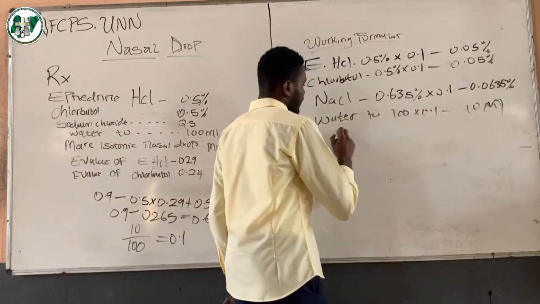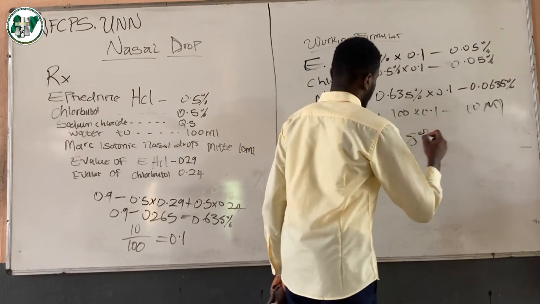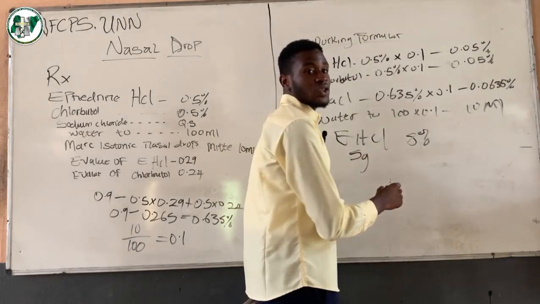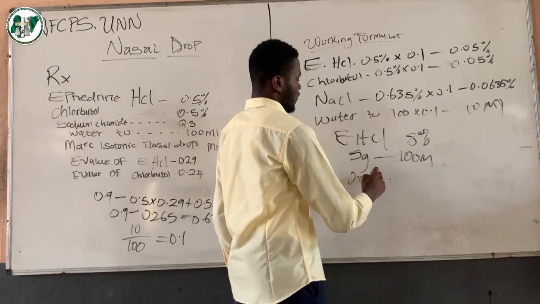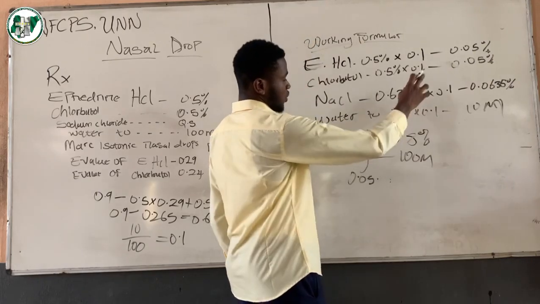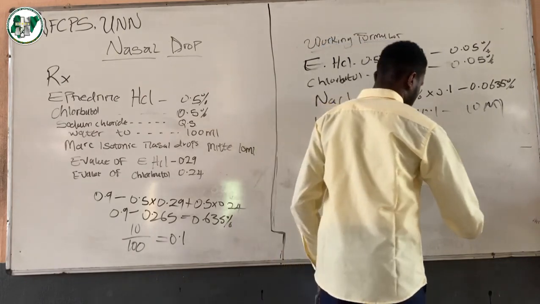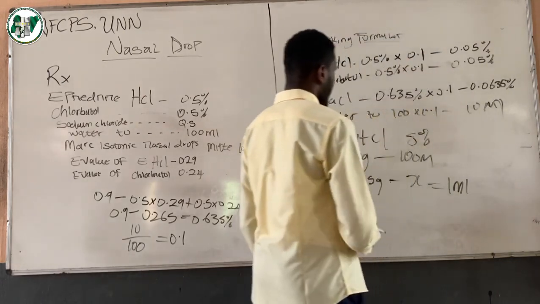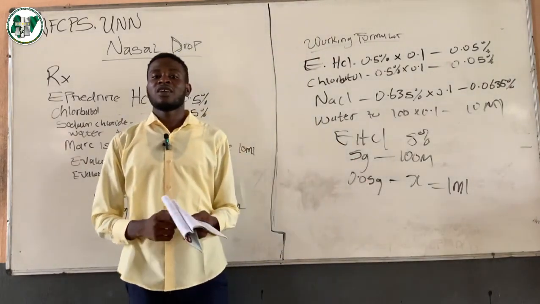So if we have ephedrine hydrochloride as 5%, it means that 5 grams of ephedrine hydrochloride is contained in 100 ml. So 0.05 gram is contained in X ml. When we cross multiply this, we have 1 ml. That means we have 1 ml of ephedrine hydrochloride.